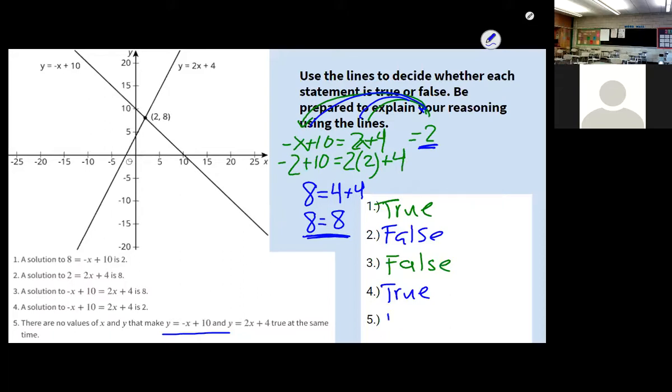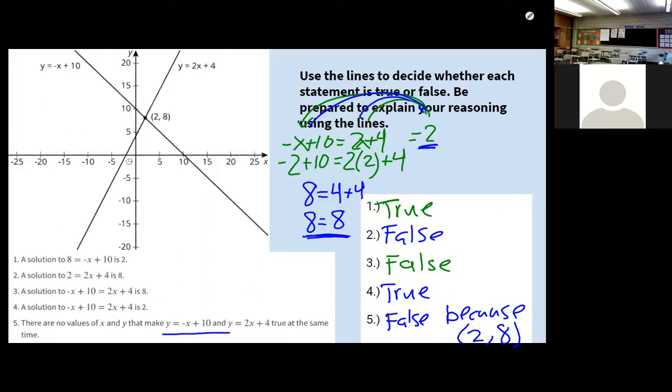Very good. This is a false statement because the coordinate 2 comma, what was it? Let me look. 2 comma negative, wait, no. 2 comma 8 makes it a true statement. Very good. Nice job, guys.